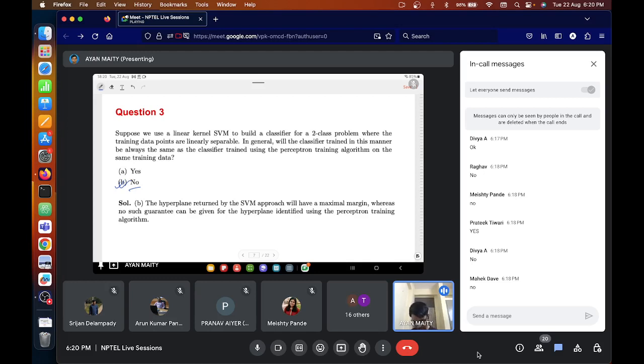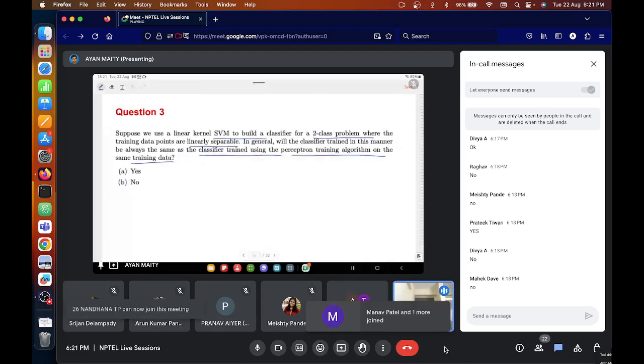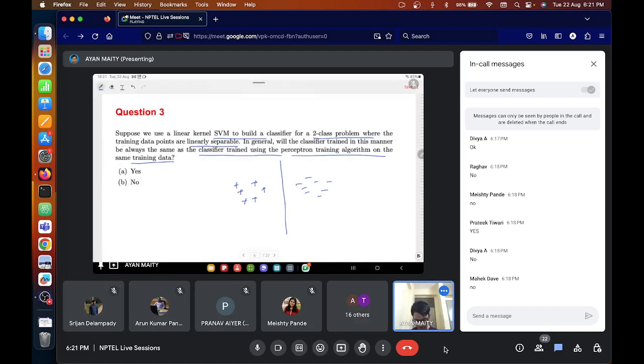So the answer is written here. The hyperplane trained by the SVM will have the maximum margin, whereas no such guarantee can be given for the hyperplane identified by the perceptron learning algorithm. Because of the differences in the objective, if the points are like this, these are the positive points, these are the negative points, the decision boundary learned by the SVM would be like this, exactly in the middle of these two sets of points, so that this margin is maximized.